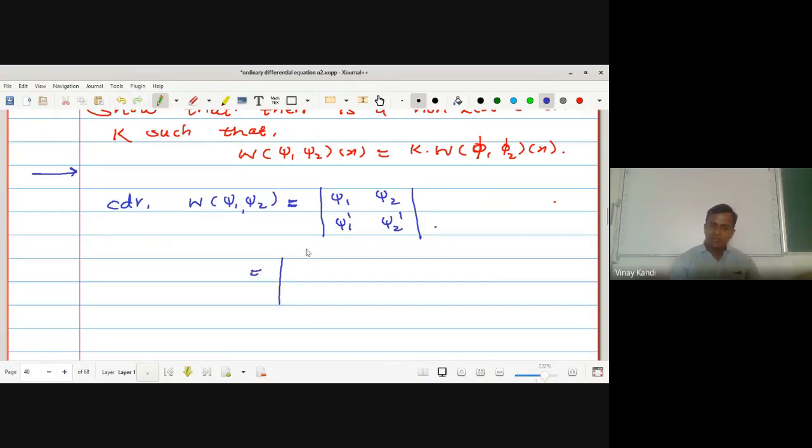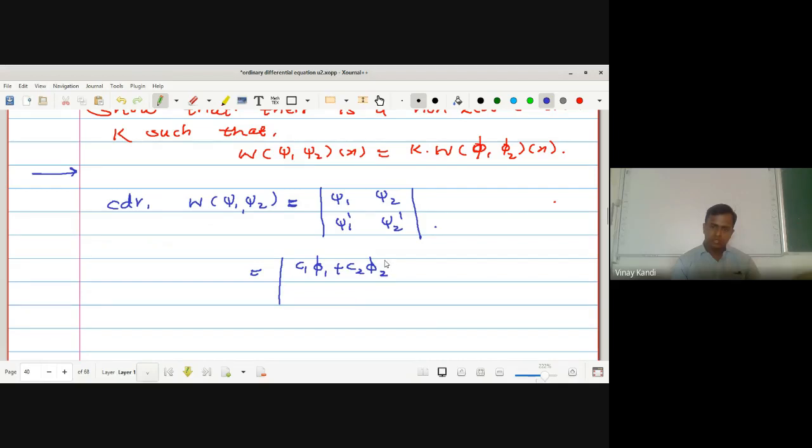Because phi1 and phi2 form the basis, we can write psi1 as c1 phi1 plus c2 phi2.